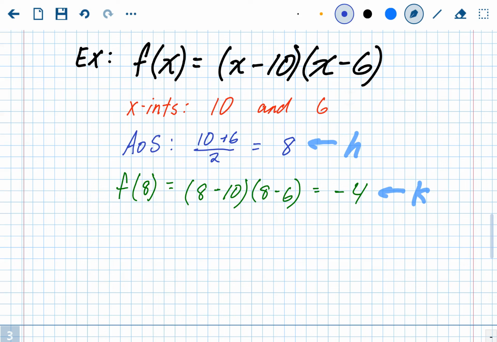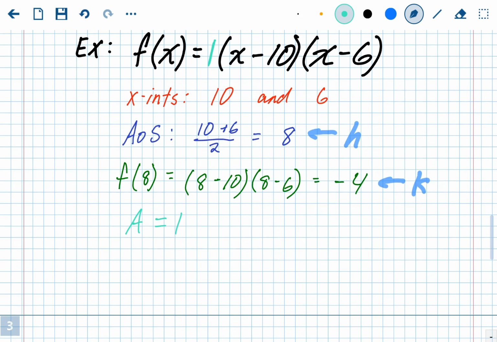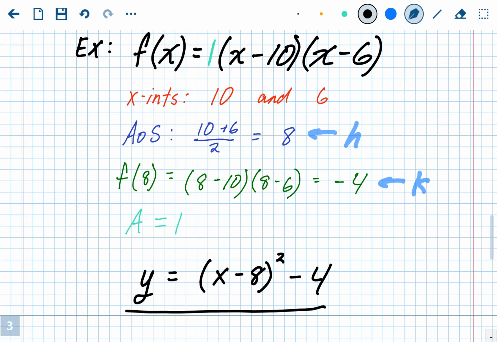Now, in this case, there's not a number in front, but that doesn't mean it's 0. It means it's 1. So your a value is 1. Again, it's an implied 1 out in front. All right, so we know a, we know h, and we know k, which means we know vertex form. Plug in the a in front, so it's a 1. We don't need it. x minus h, x minus 8 squared, plus k, so plus negative 4, or just minus 4. Okay. Vertex form.